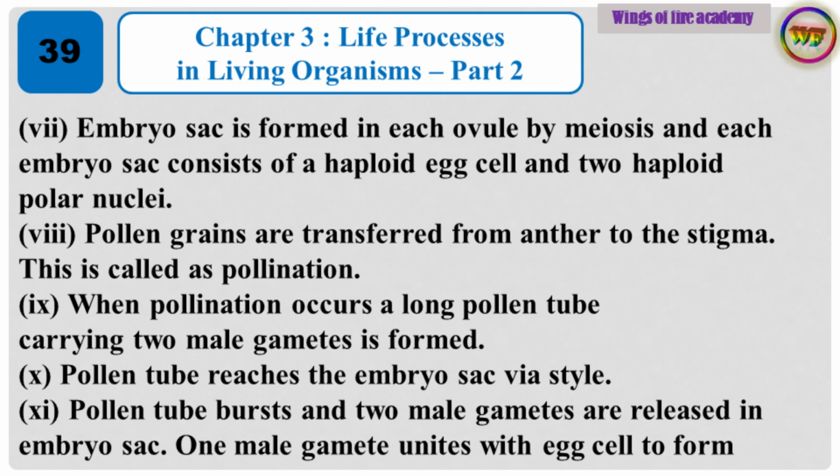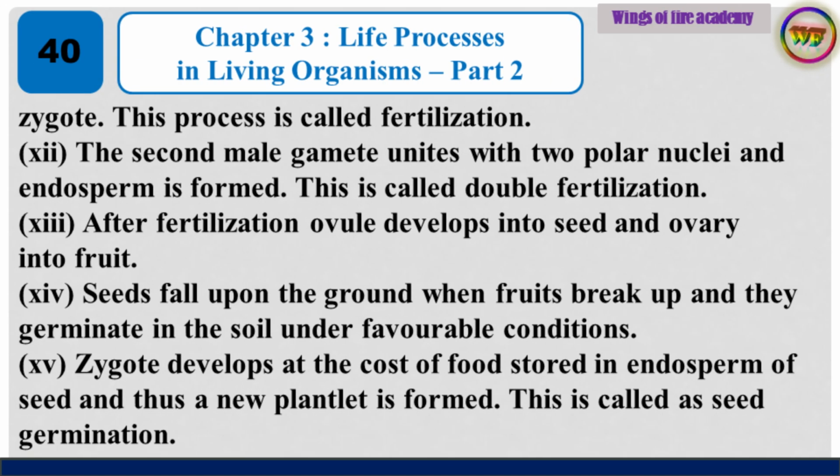One male gamete unites with egg cell to form zygote. This process is called fertilization. Point 12. The second male gamete unites with two polar nuclei and endosperm is formed. This is called double fertilization.